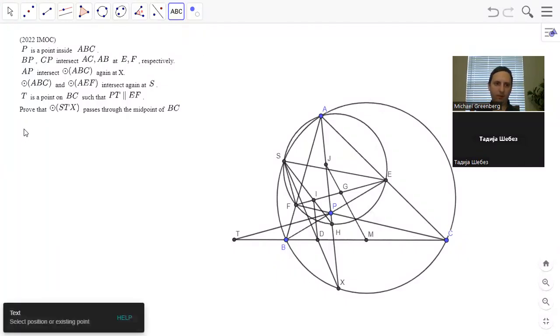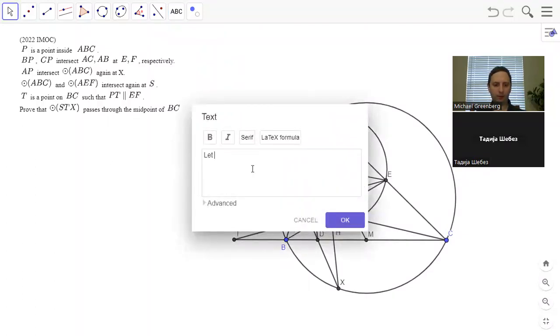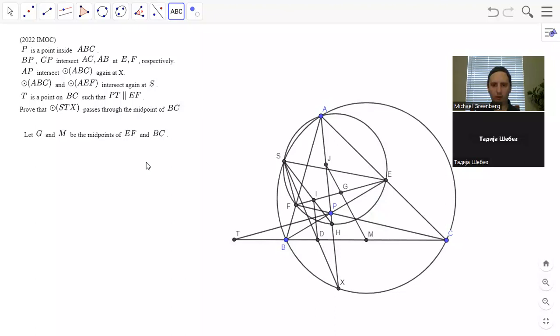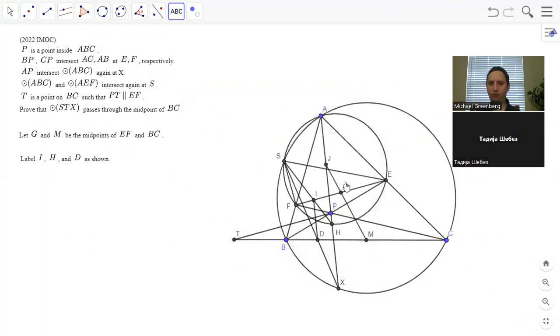Okay. So let G and M be the midpoints of BF and BC, and label I, H, and V as shown. So we're going to try to show G, P, and D are collinear.